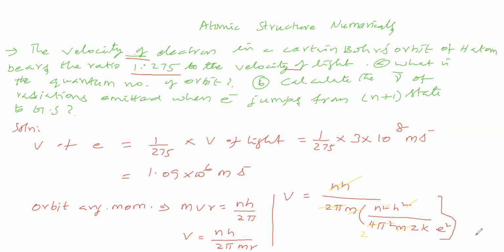That is velocity. So v is equal to 2 pi z k e square by nh. This is the velocity of electron as per Bohr's model.